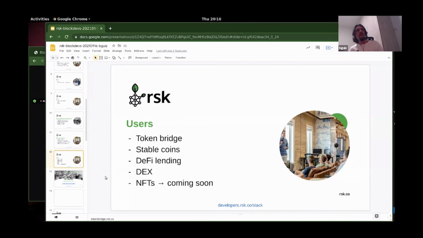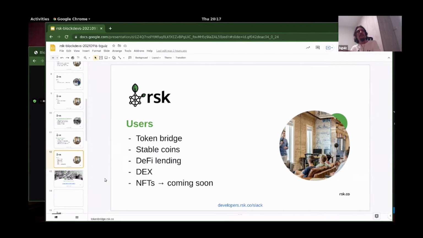If you're a user, so you're not a DApp developer and you're just interacting with the blockchain, there are some things that you might be interested in. There is a token bridge, which allows you to cross any ERC20 token from Ethereum to RSK or from RSK back to Ethereum. You can go to tokenbridge.rsk.co and give that a whirl. You see things like USDT and DAI, these really popular stable coins.